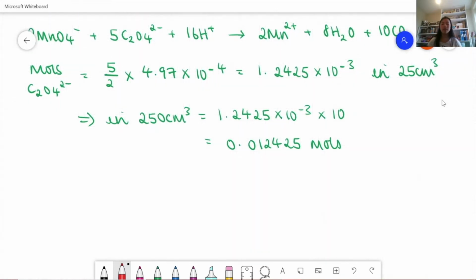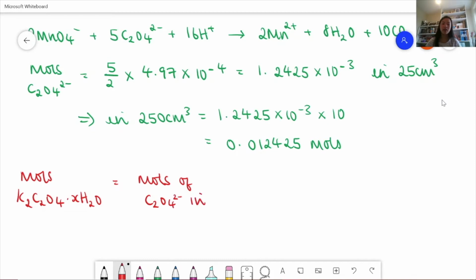And so what we do is the moles of this potassium ethane dioate is equal to the moles of C2O4 2 minus in the 250 centimeters cubed, because this includes both potassium ethane dioate and ethane dioic acid, because they both have C2O4 2 minus ions.